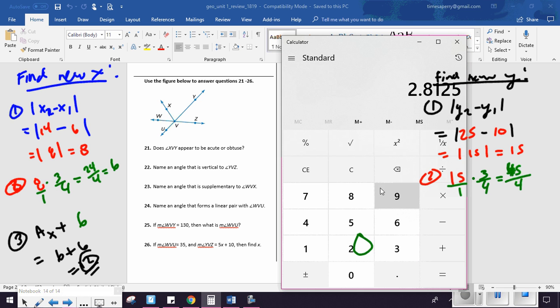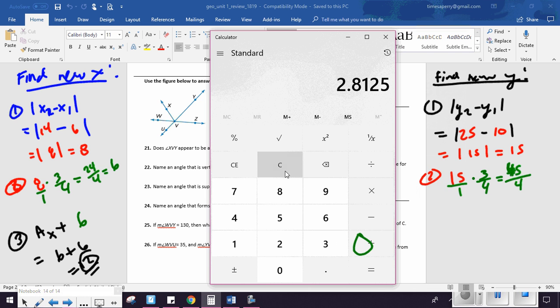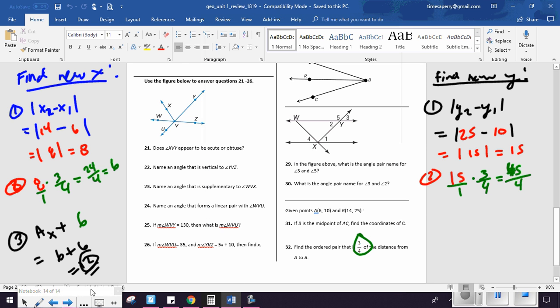Oh gosh, no. It'll be 11.25. So it doesn't reduce, so it's 45/4 or 11.25.